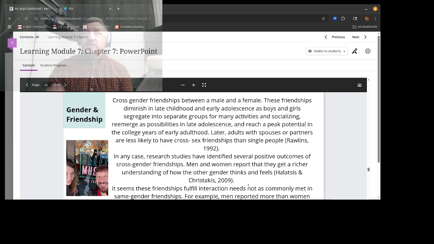Now, cross-gender relationships, let's talk about that idea. I still have a handful of close female friends, and I have my wife, of course, at the head of that handful. Those are older friends for the most part.